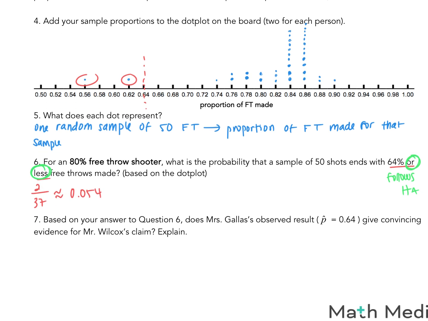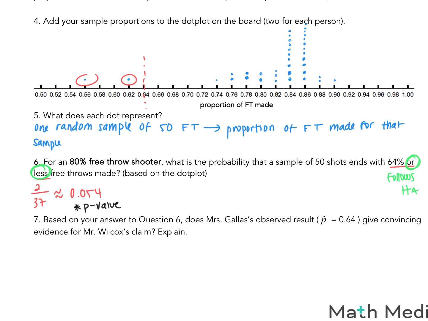This 0.054, if you watched the videos and did the reading, this is called our p-value. P-value standing for probability. So it is the probability of getting the sample we got if the null were really true.